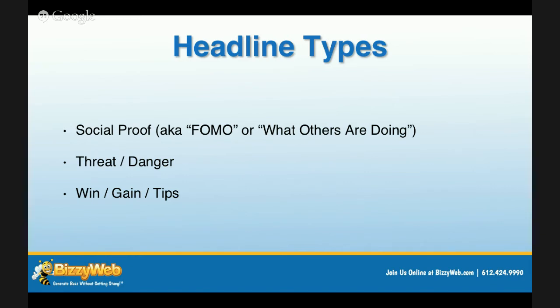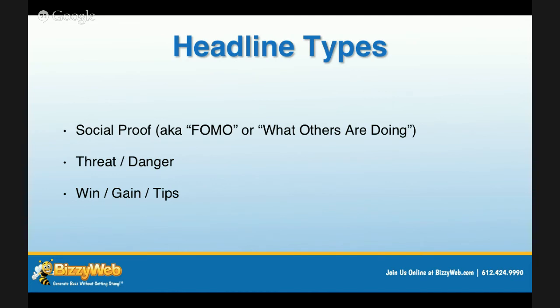There's threat or danger headlines, what you're missing out on, or the 3 things you need to know or else you're going to die today, or winning, gaining, and tips posts. So the softer side, what you'll get, what you'll benefit from, the inherent benefits inside of whatever you're getting. So, just everybody else is doing it. This is what's bad that's going to happen, or what might happen that's bad if you don't read this, or here's something amazing you can read about right now.